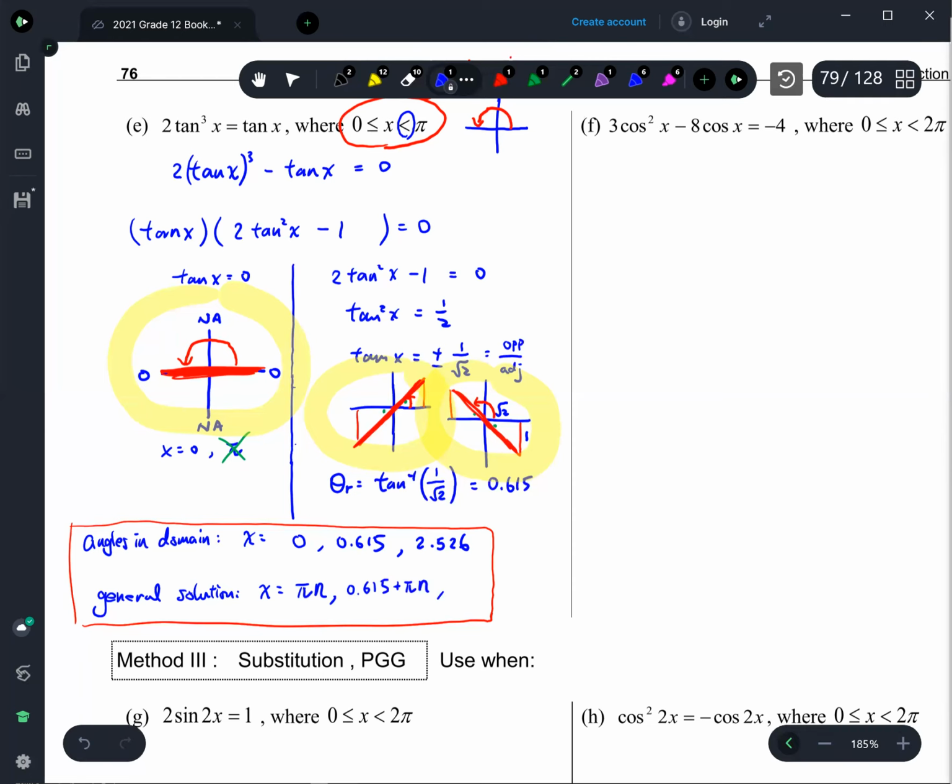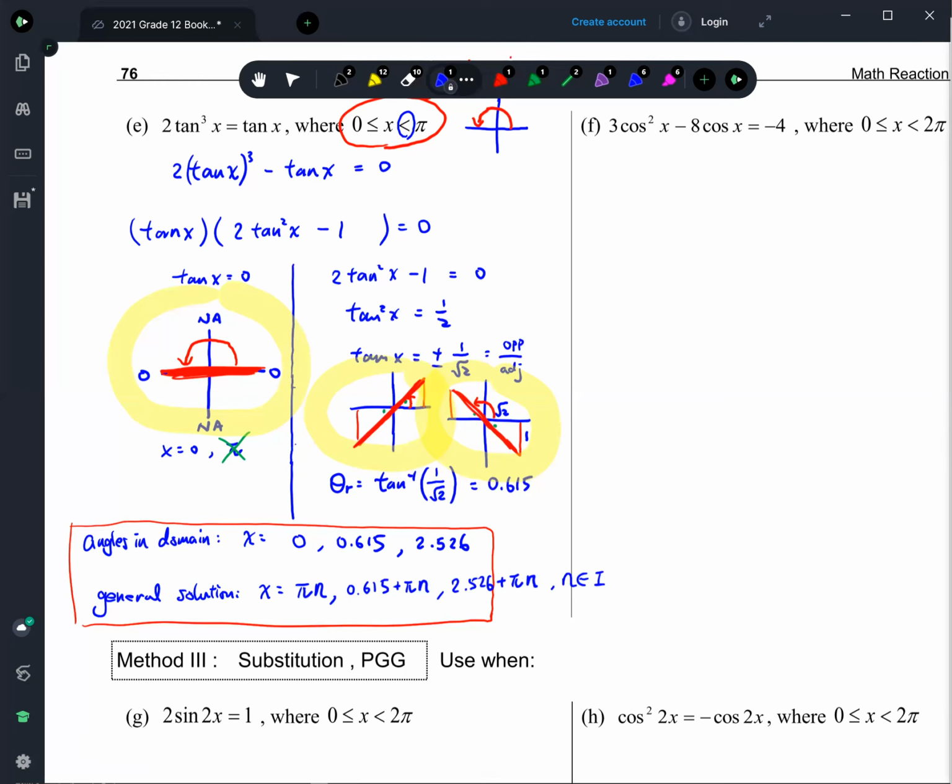And then for quadrant 2, 2.526, you can add pi n, and it will cover quadrant 4. So these 3 will be enough to cover all 6 arms. And don't forget we need n as integers.